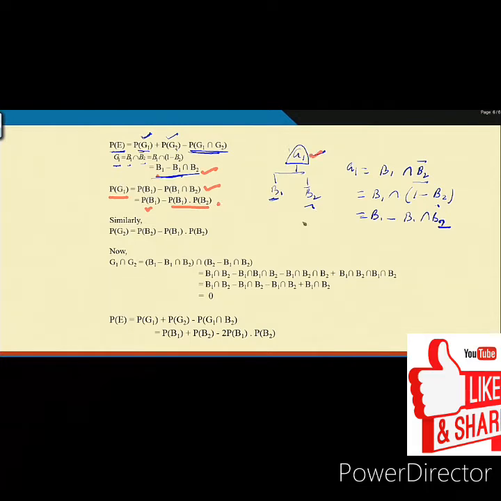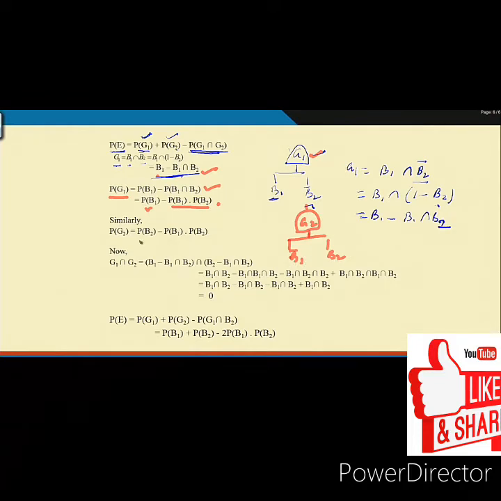Similarly, G2 is also an AND gate, and its inputs are B1 bar and B2. B1 bar is 1 minus B1, and then B2.